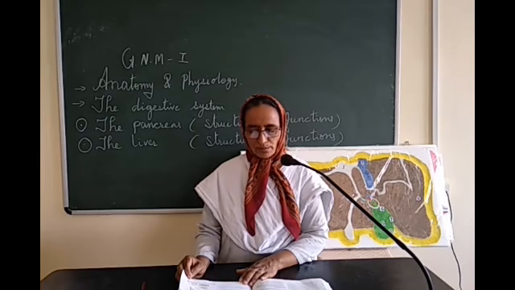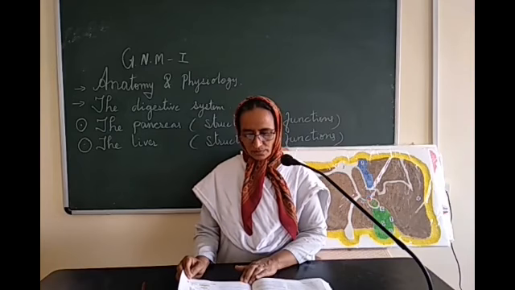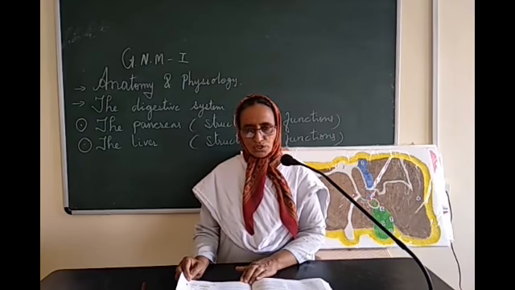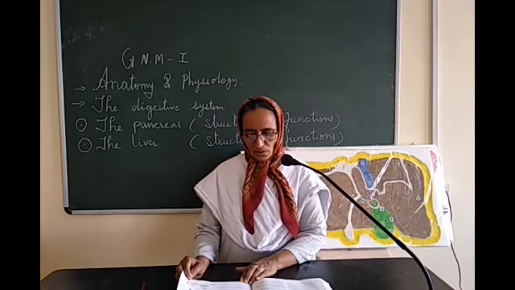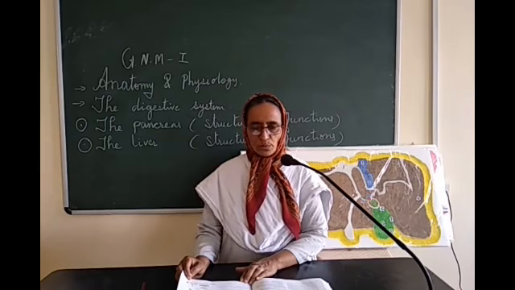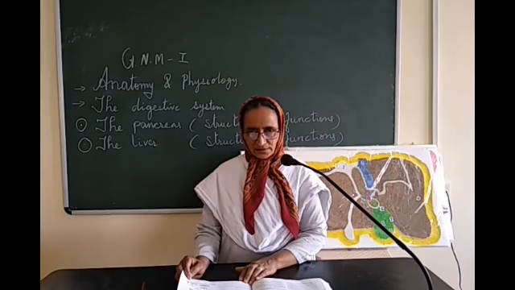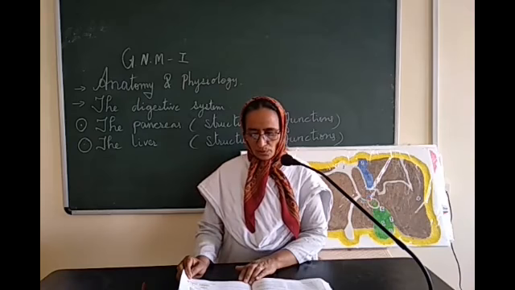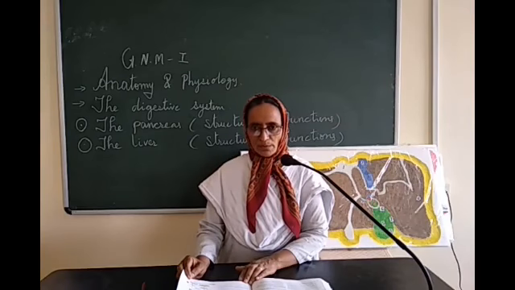It includes bile salt, bile pigments and cholesterol. Also the liver stores glycogen, fat-soluble vitamins like A, D, E, K, iron or copper and some of the water-soluble vitamins like vitamin B12.